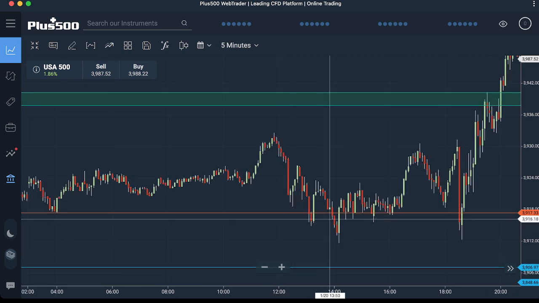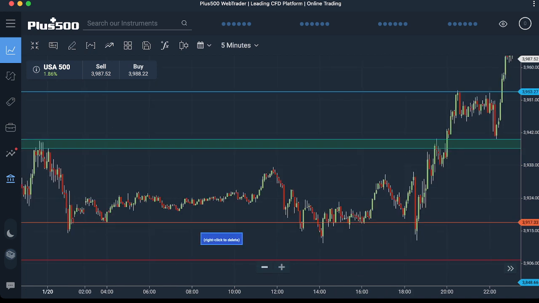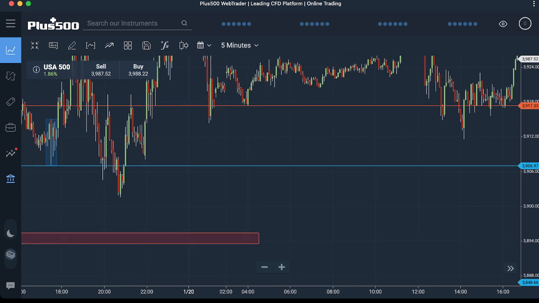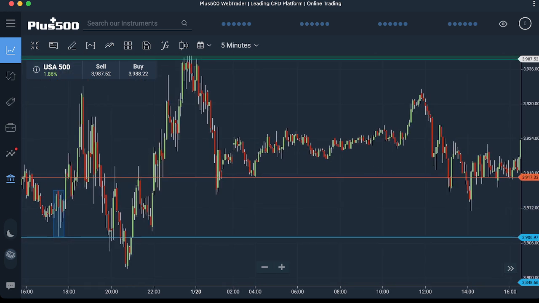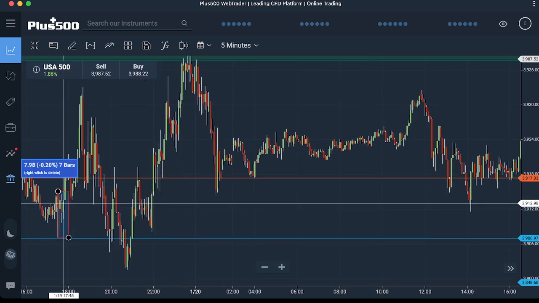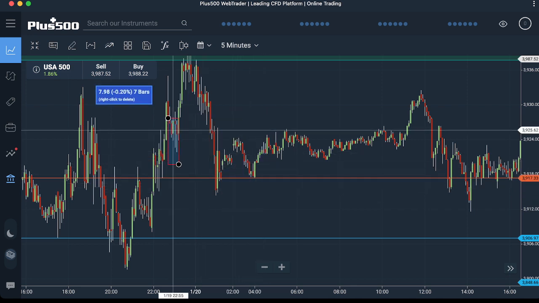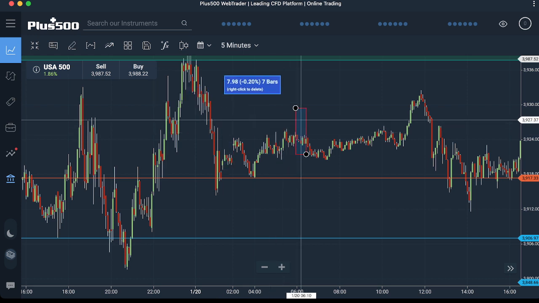So you can see the 5-minute entry here is not going to be based on the reversal candlestick anymore. So I'm just putting this where the setup is happening.